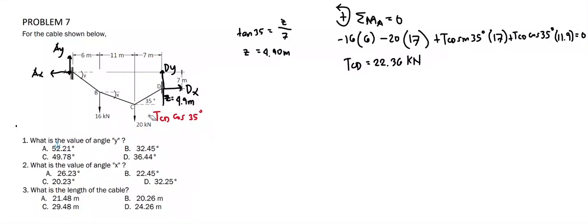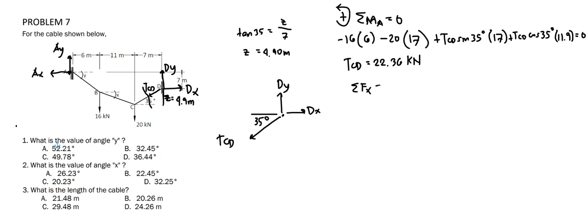Okay, so now that we have tension CD, we can consider point D by cutting on this segment, and then considering the right side. Here we expose tension CD that is going to the bottom left. So by drawing a free body diagram, we have dx, dy, and the tension CD, and its angle of 35 degrees. By taking summation force horizontal, we can solve for dx, that is just equal to CD cosine of 35 degrees.